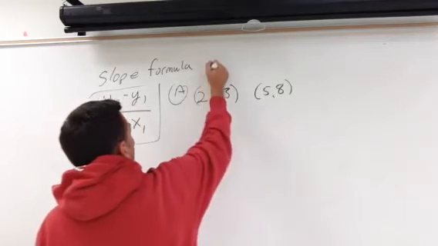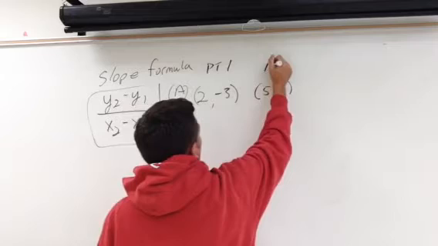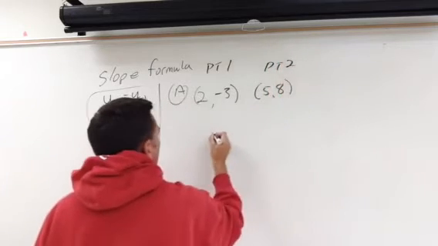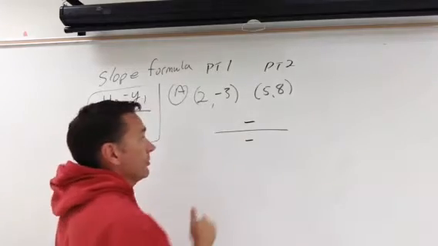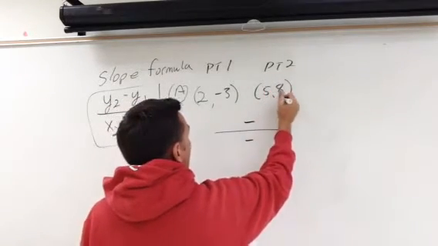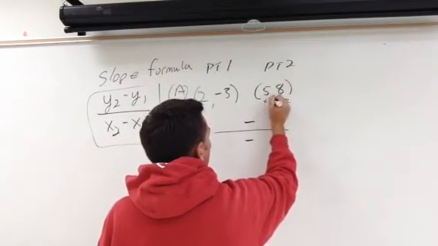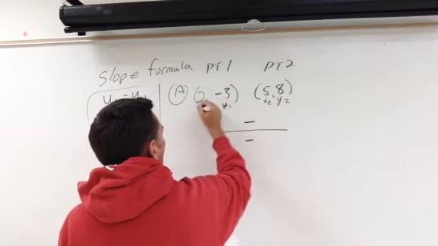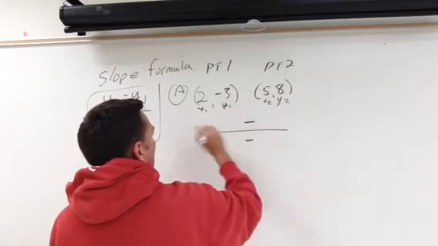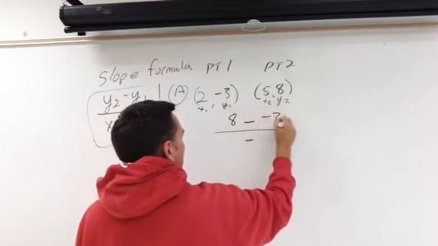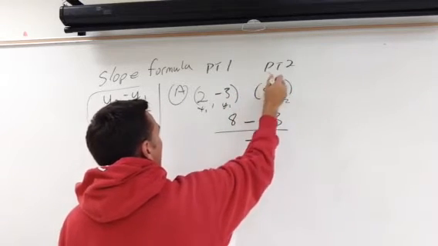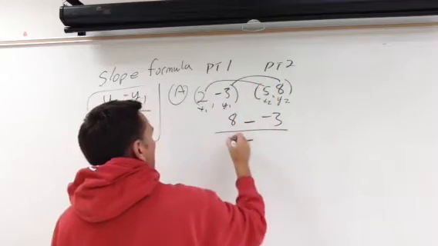But I'm going to call this one point 1, this one point 2. When we're getting slope, again I'm going to put my minus signs in first. The y2 value, x2 value, y1 value, x1 value. So I'm going to take 8 and a -3. The x values are 5 minus 2.